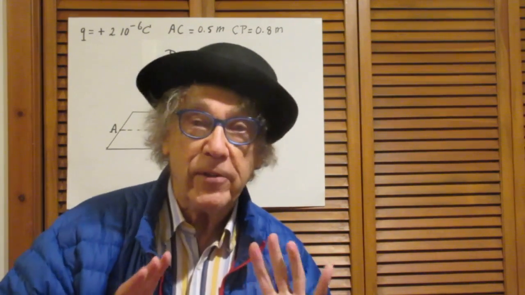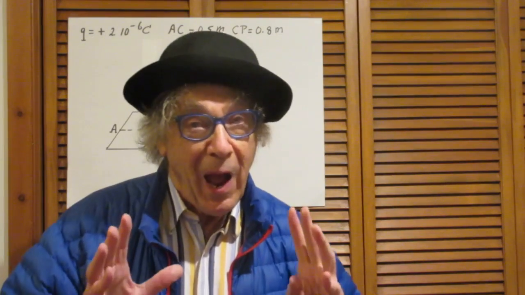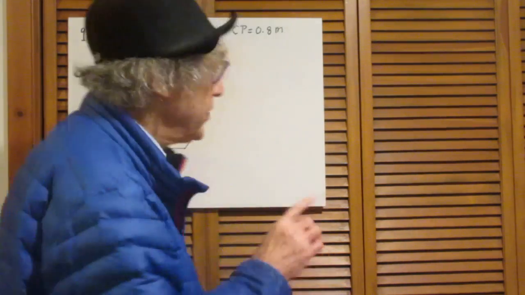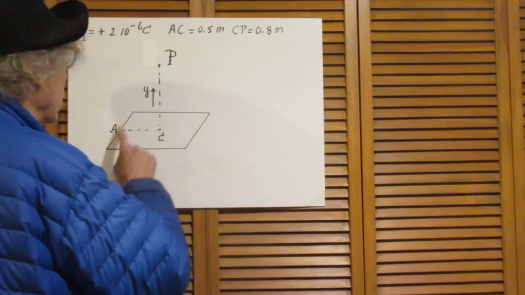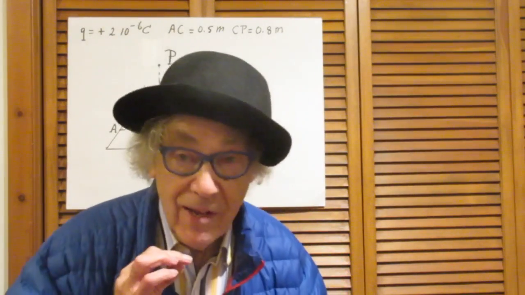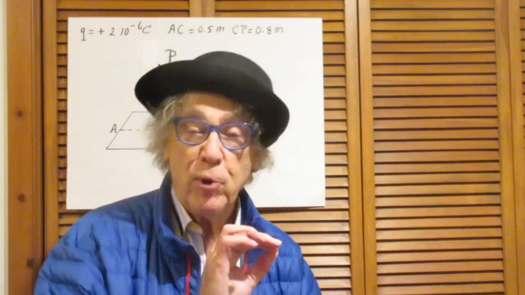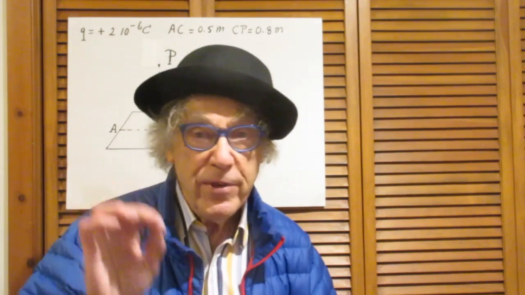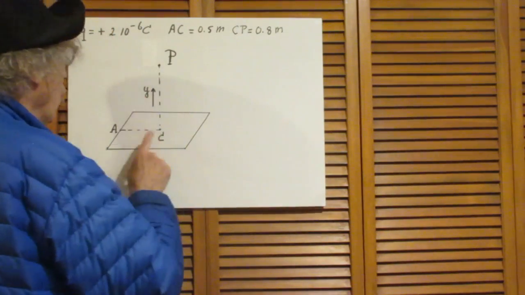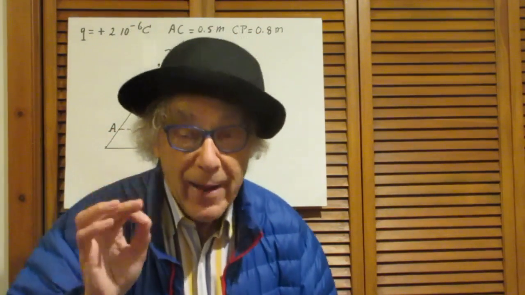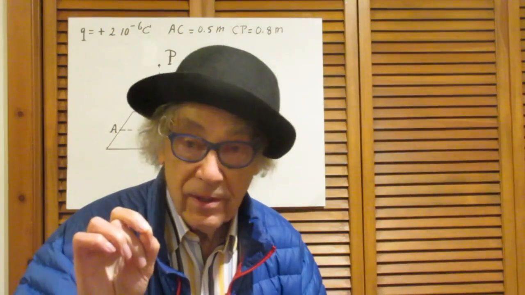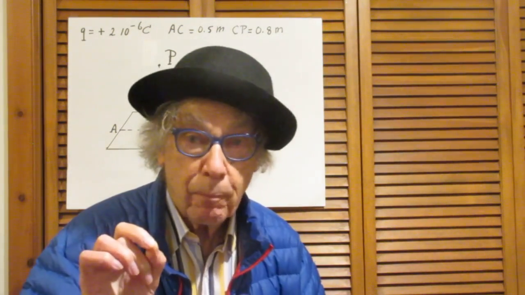So to avoid that issue, I'm going to propose that this square is a non-conductor, and that I, Walter Lewin, distribute on the 4 sides 2 microcoulomb, and that I do that in such a way that the charge density is everywhere the same.